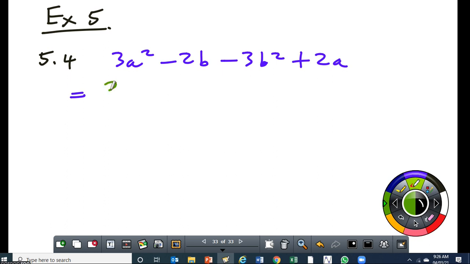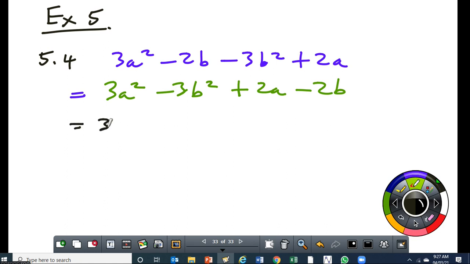So I can end up having 3a squared minus 3b squared, that will be plus 2a minus 2b. The other strategy did not work because the idea is to create a common factor. So, from here now, the first two terms, I've got a common factor. What's the common factor? 3.